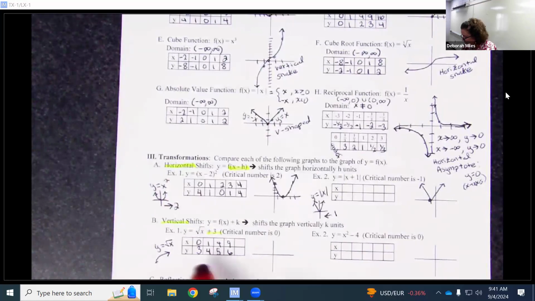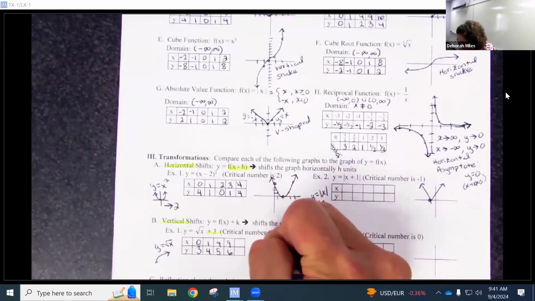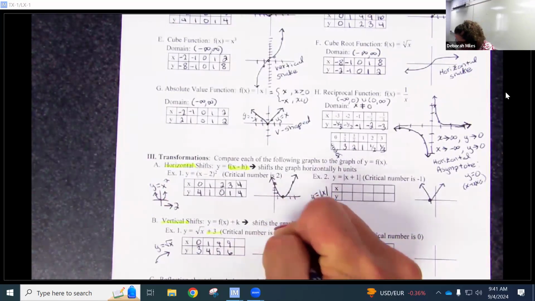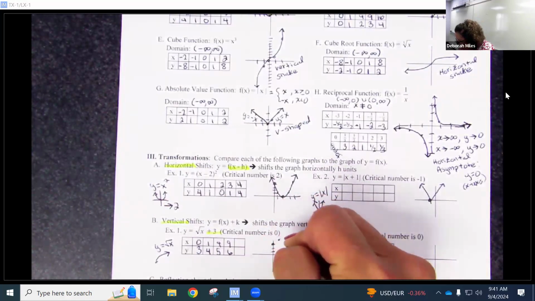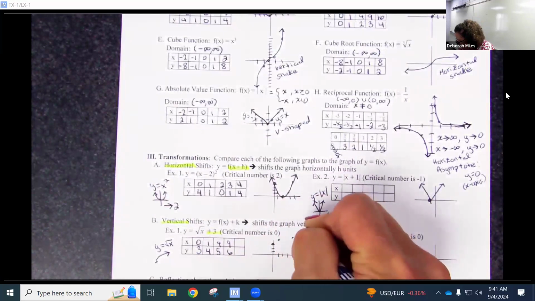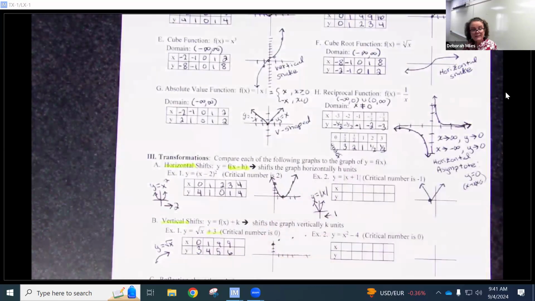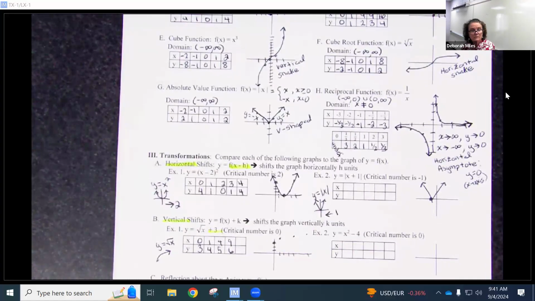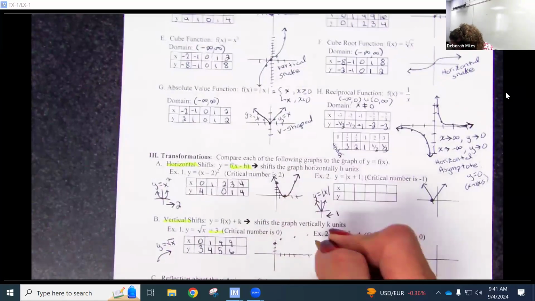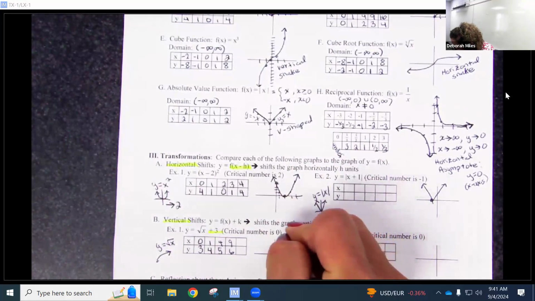And so I'm going to plot those ordered pairs. 0, 3, 1, 4, 4, 5, and way out here somewhere would be 9, 6. I'm going to connect those points with the shape that I know the graph of square root of x has.